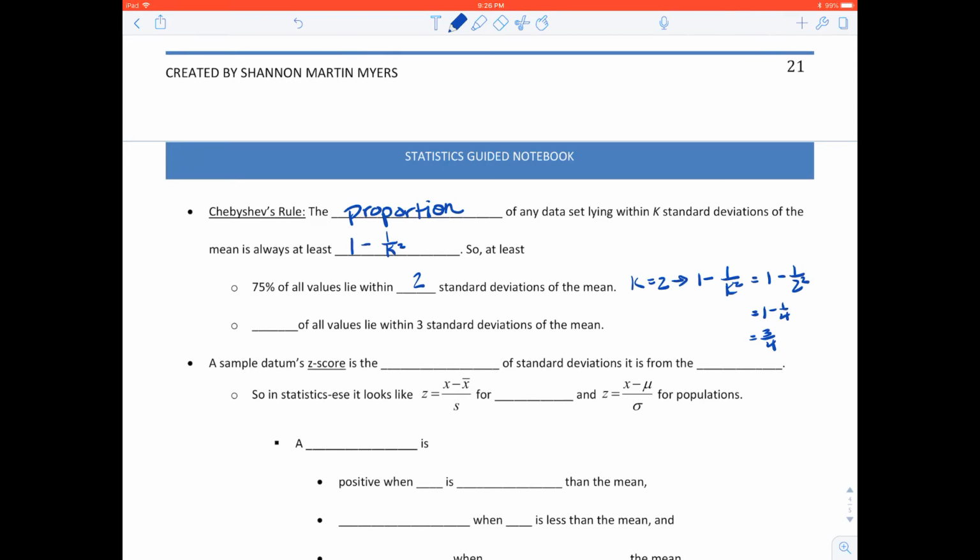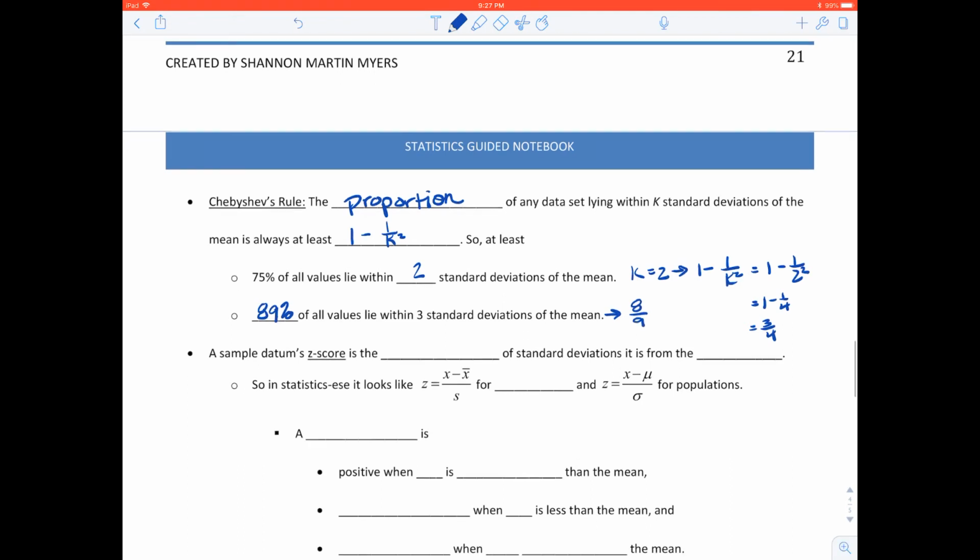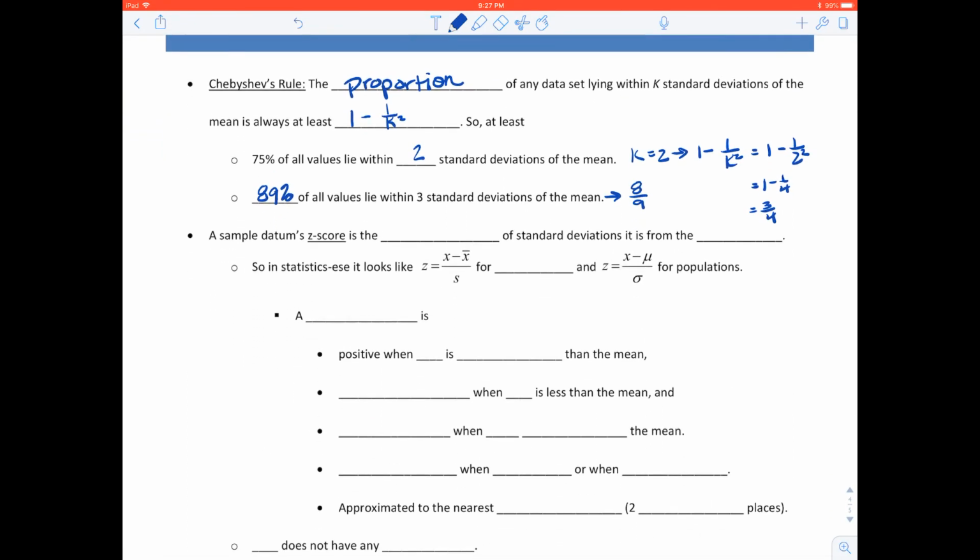Similarly, approximately 89% of all values lie within 3 standard deviations of the mean. The exact proportion ends up being 8/9.